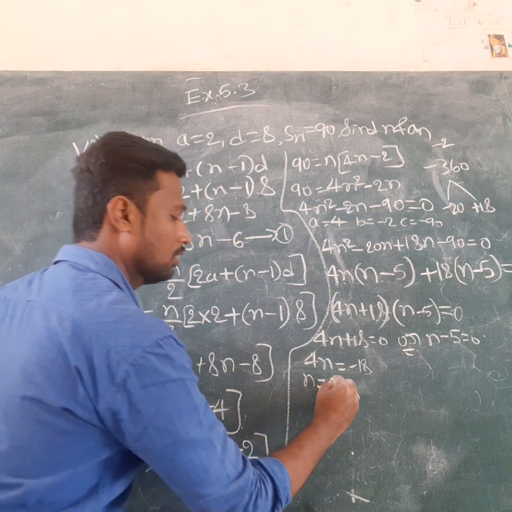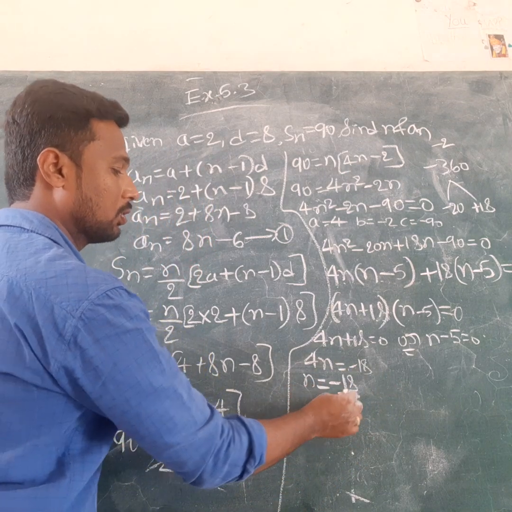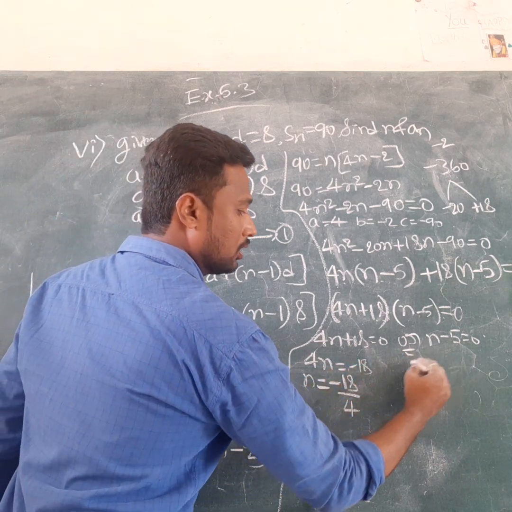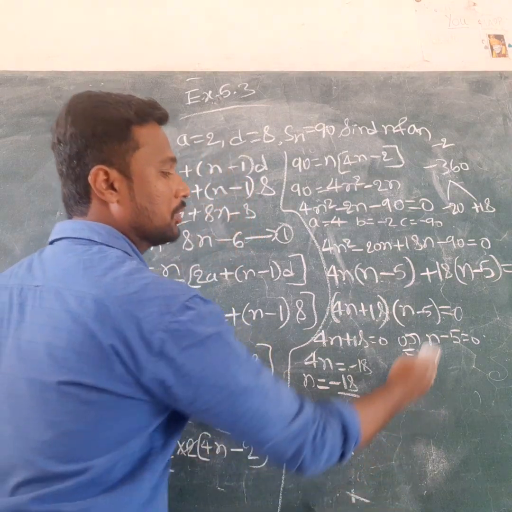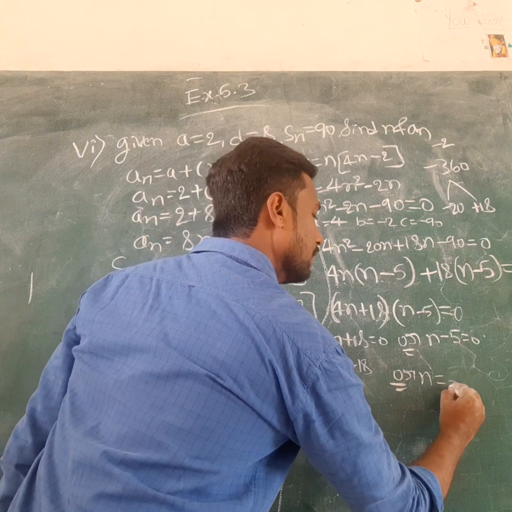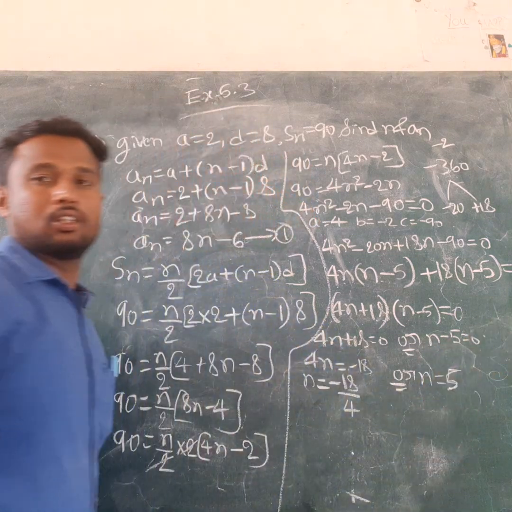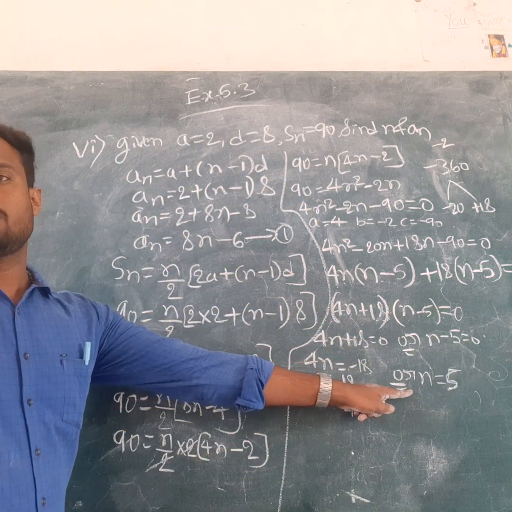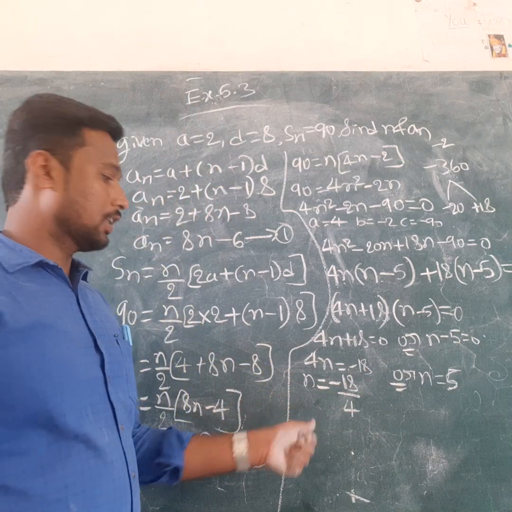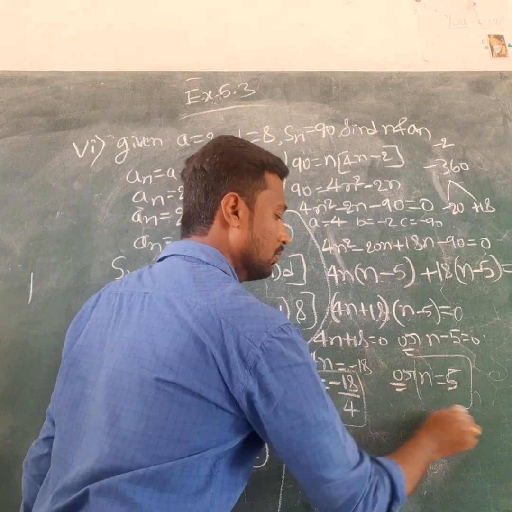Now n is equal to minus 18 divided by 4. On the other hand, n minus 5 is equal to 0 means n is equal to 5, because I will transfer this 5 to the right hand side. Okay. So we got two answers for the n value: n is equal to minus 18 by 4 and n is equal to 5.